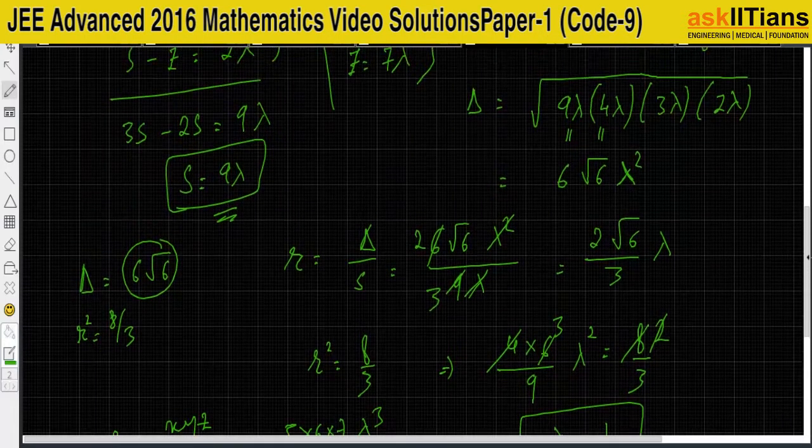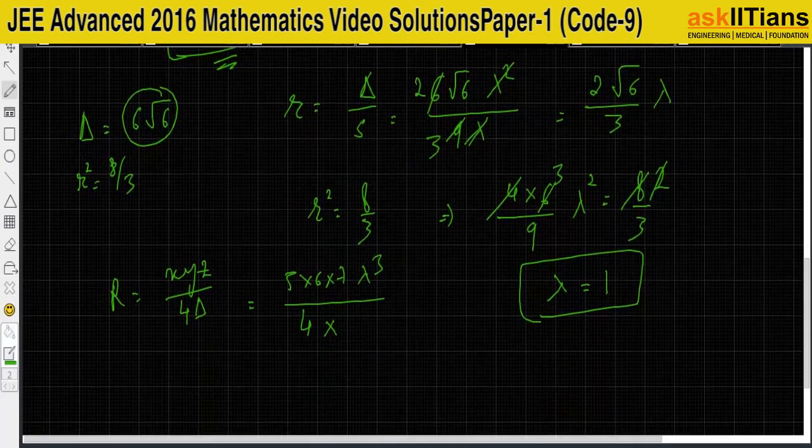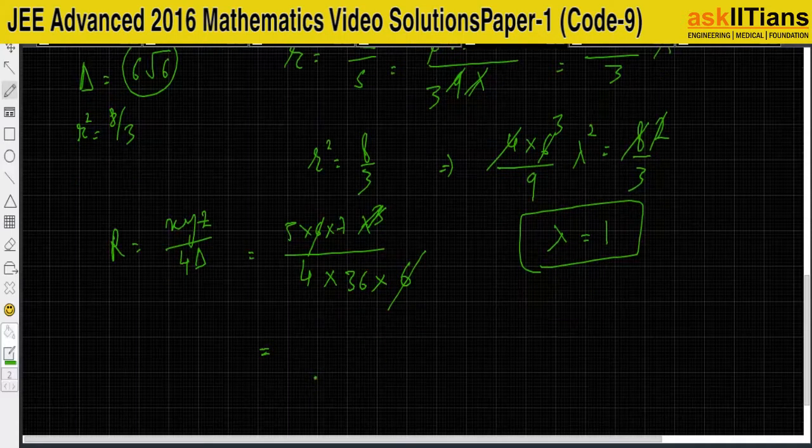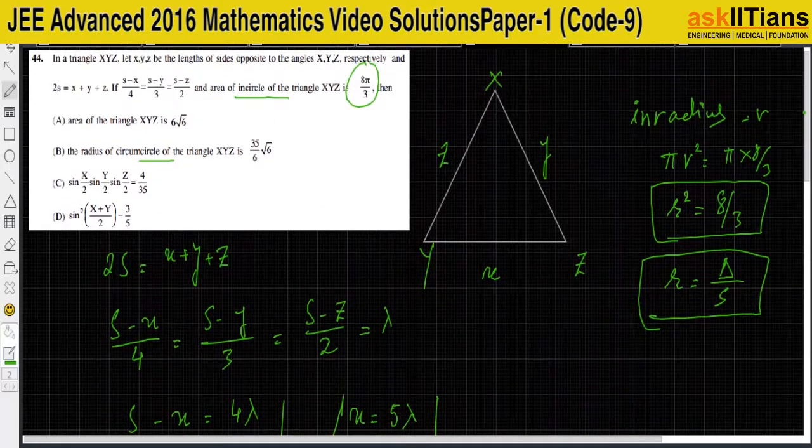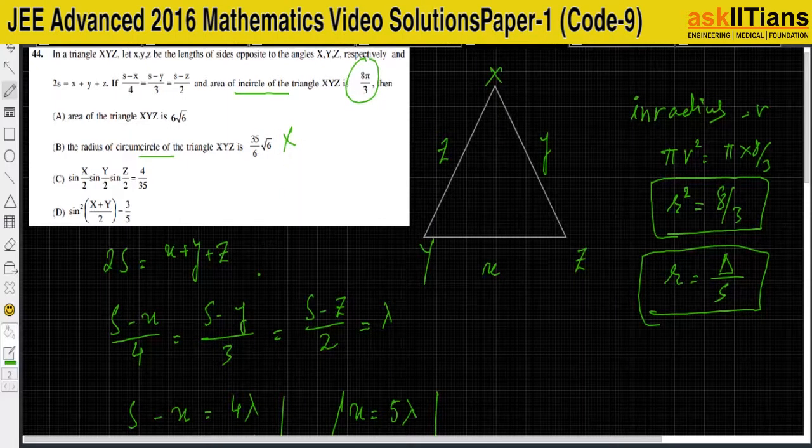So what is delta in terms of lambda? 6 root 6 square, that's 36 into 6. And lambda is just 1, so this will just get cancelled. 6 cancels. So basically I'll get R as 35 divided by 4 into 36. This one is not correct.